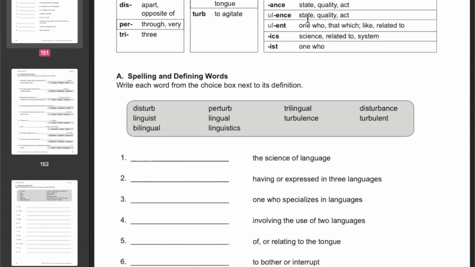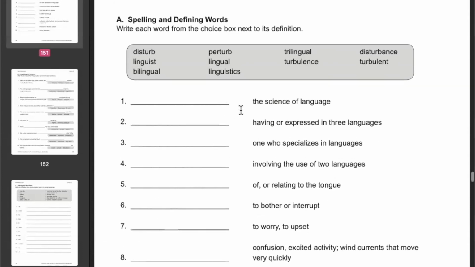And then for suffixes, al, ance, ence, ent, ics, and ist. So let's just go through the words very quickly again to remind ourselves of them. And I think that we did make it through these, so we'll just move on to the next spot. So disturb, linguist, bilingual, perturb, lingual, linguistics, trilingual, turbulence, disturbance, and turbulent.